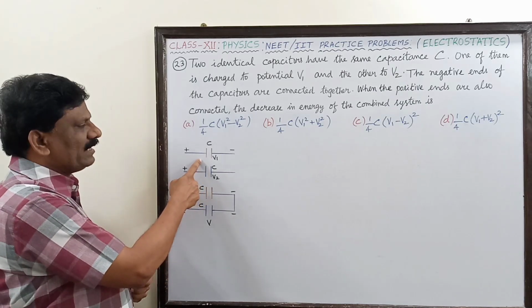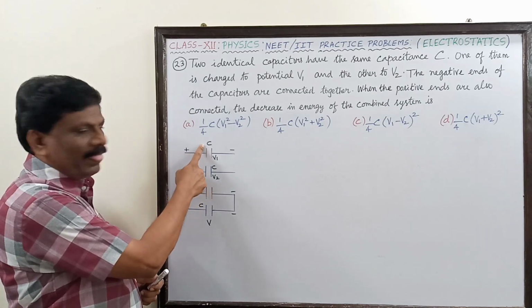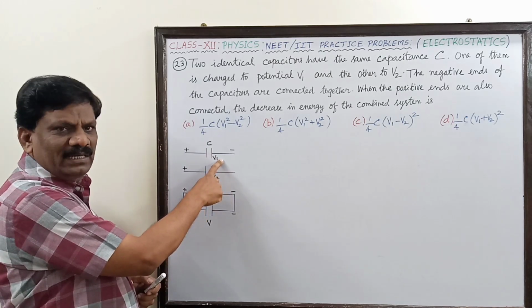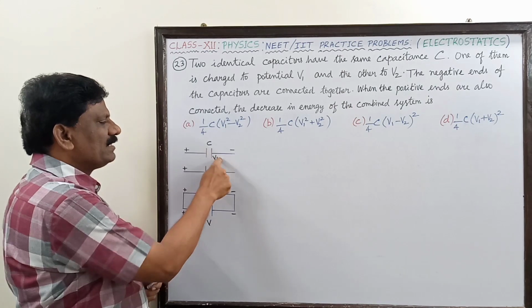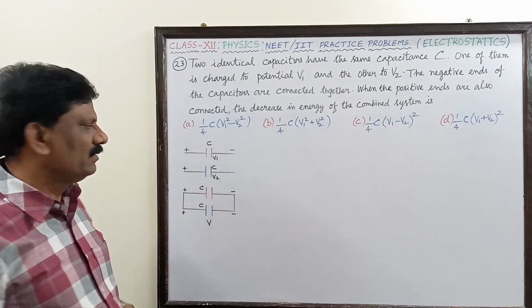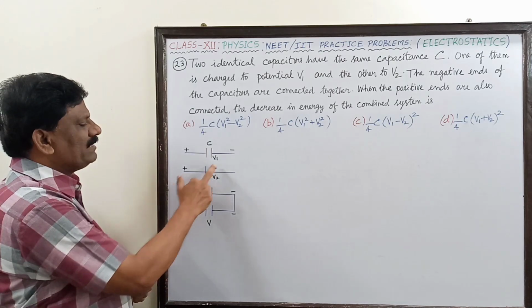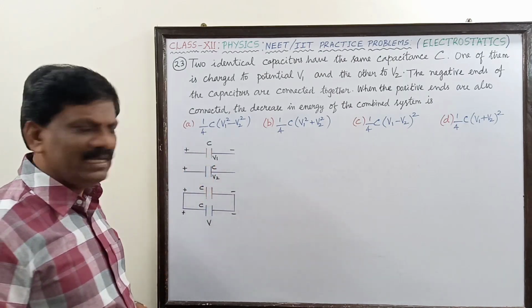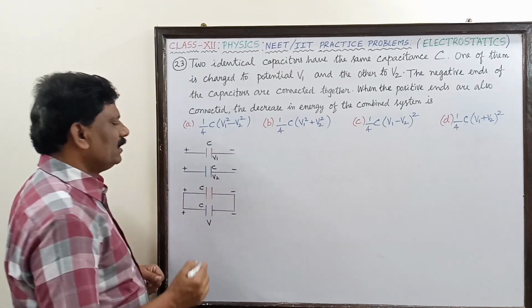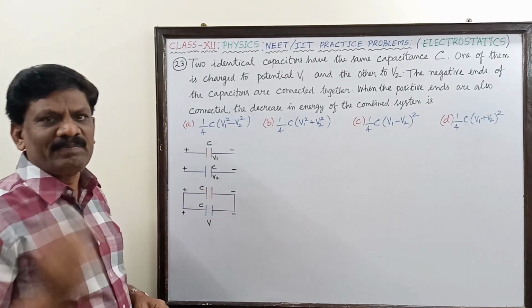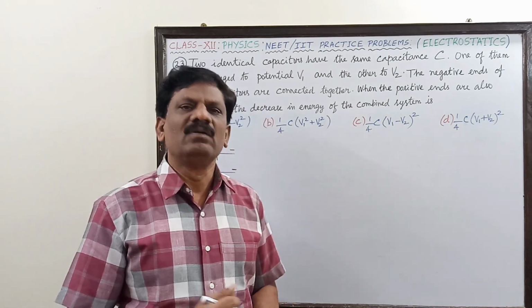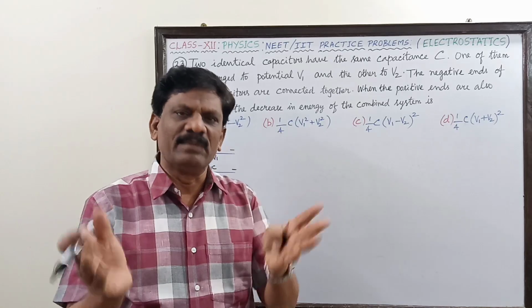The first capacitor has a capacitance C and it is charged to a potential V1, so its potential energy is half C V1 square. The second capacitor also has the same capacity C and the potential is V2, so its energy is half C V2 square. So what is the total energy of the system separately?